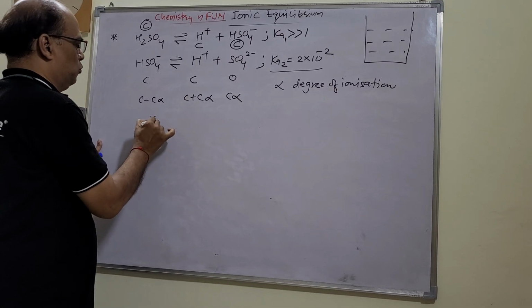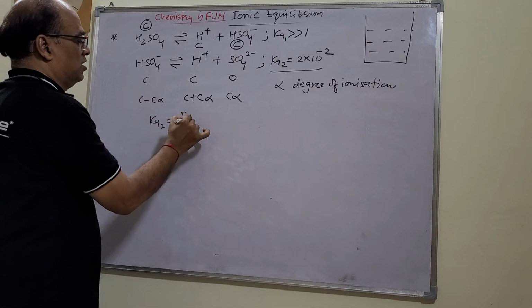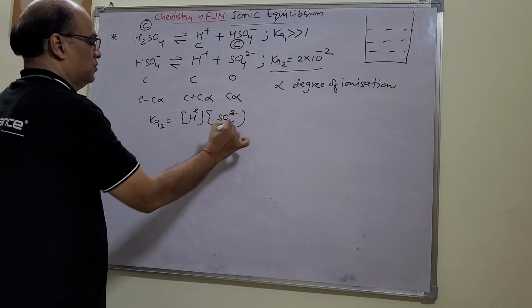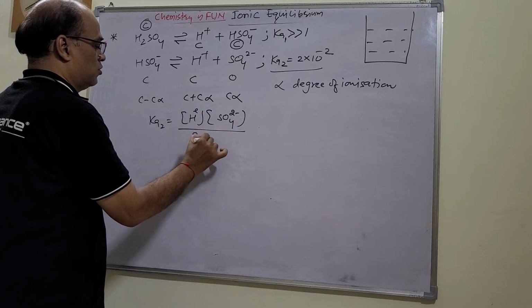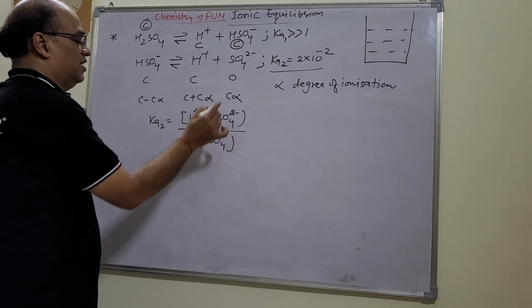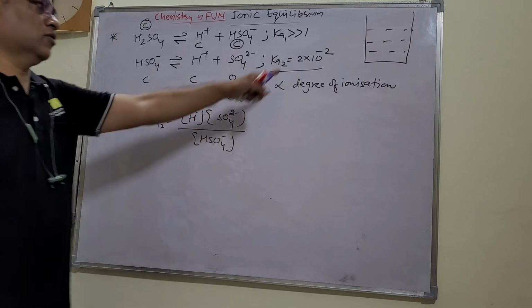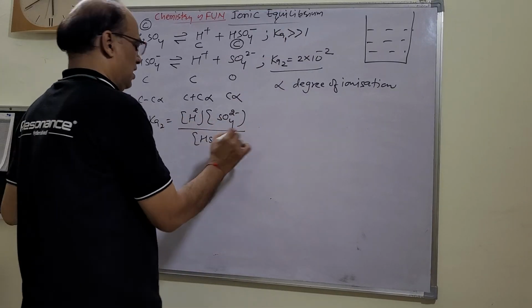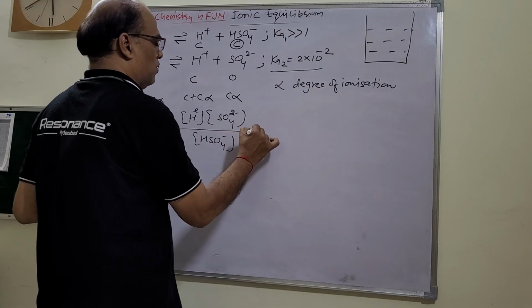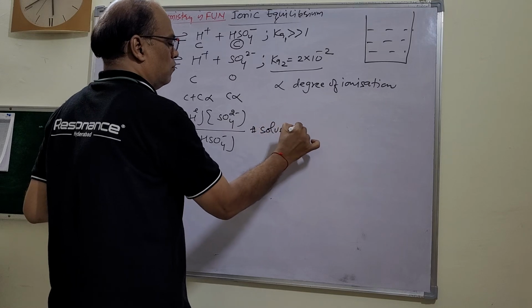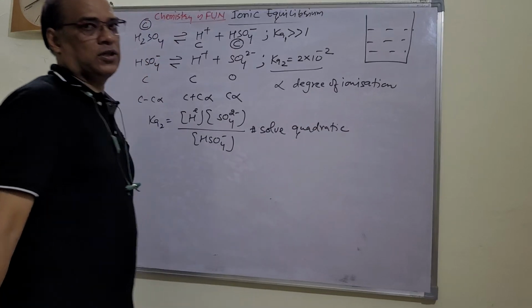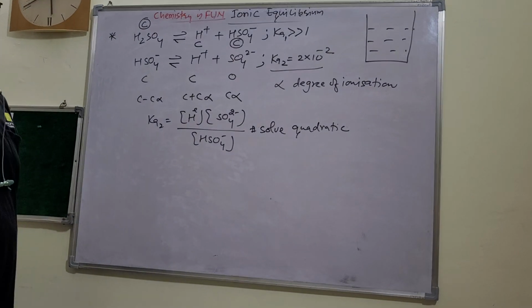You can use Ka2. Ka2 is equal to the concentration of H plus times the concentration of SO4 2 minus over the concentration of HSO4 minus. Here approximation cannot be done because the Ka value is 10 to the power minus 2. So you have to solve the quadratic. I will give a simple hint: solve the quadratic, you will get a quadratic equation, then you will get the answer.